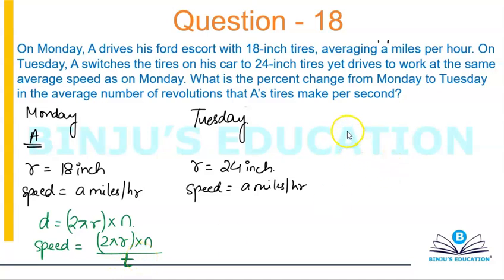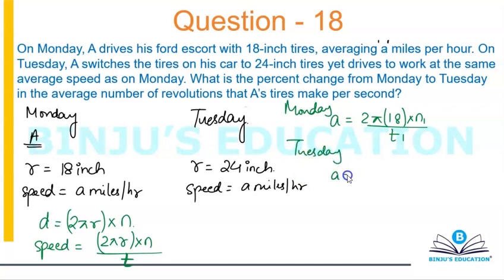On Monday, A will be equal to 2 pi 18 into n1 divided by t1. And for Tuesday, A is equal to 2 pi 24 into n2 divided by t2.